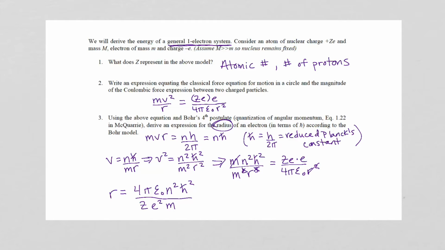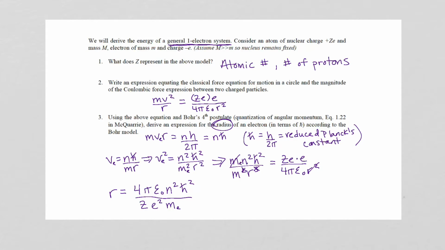Now remember, these masses and velocities are particular to our electron, so we could denote those with little subscript e's to remind us that we're dealing with our electron in this system.